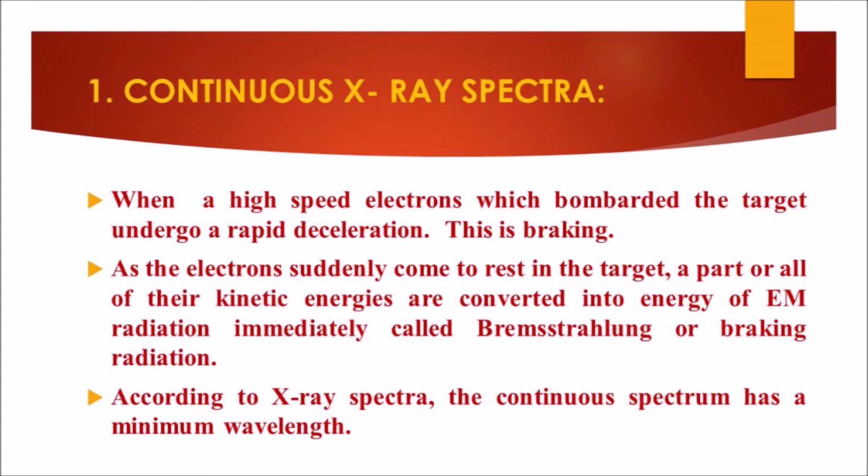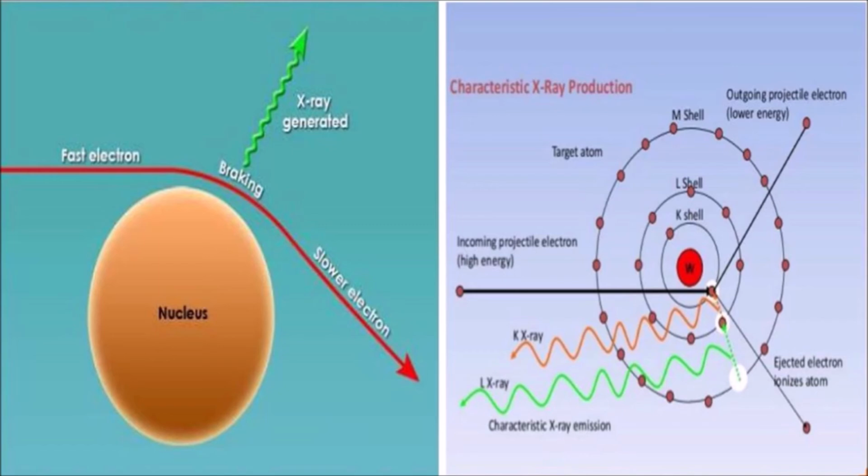According to the X-ray spectra, the continuous spectrum has a minimum wavelength. In this figure, fast-moving electrons bombard the target and undergo rapid deceleration, that is braking, where the X-rays are generated.